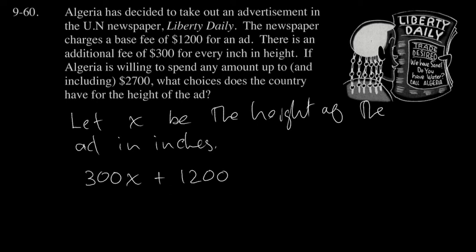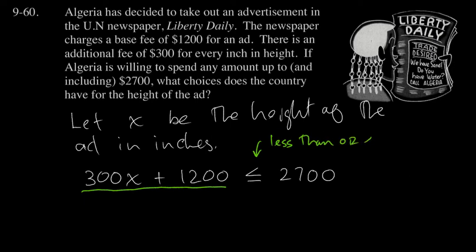Now, they are willing to spend any amount up to and including $2,700. That's their upper limit. And I'm going to put this right here. So let's talk about this. This is what they would spend for an ad that's x inches tall, and we're saying that what they're going to spend has to be less than or equal to, right?